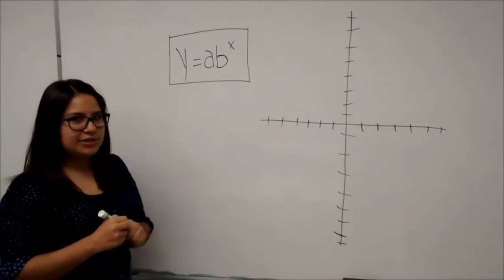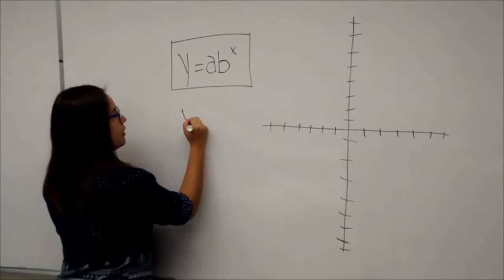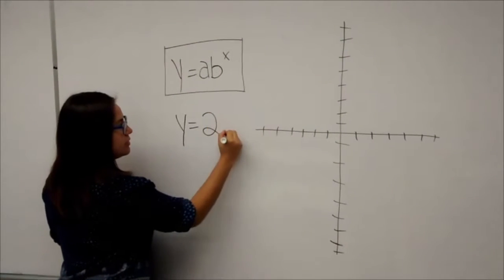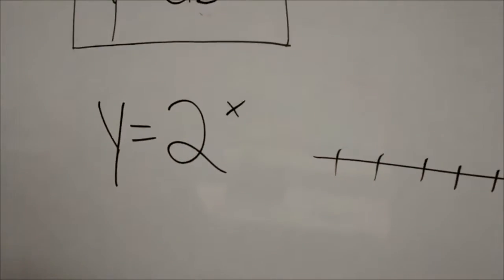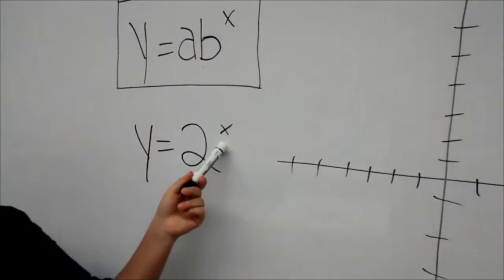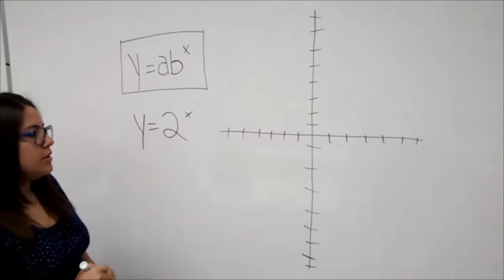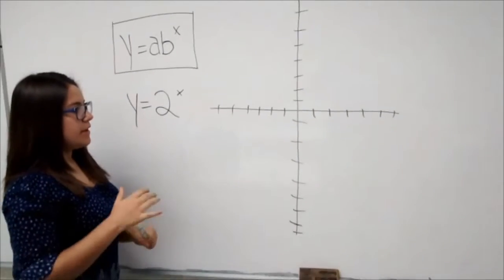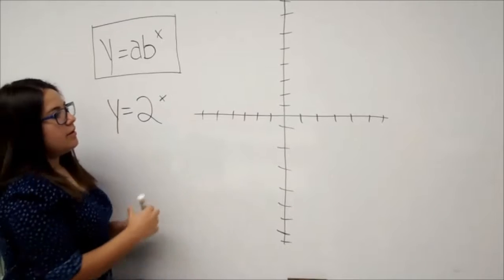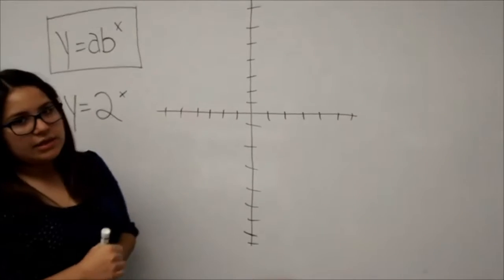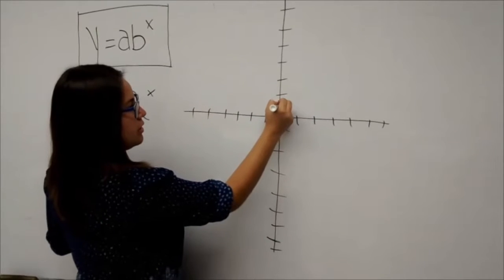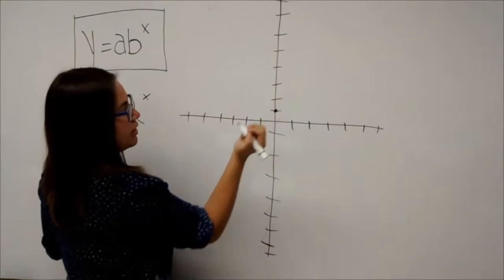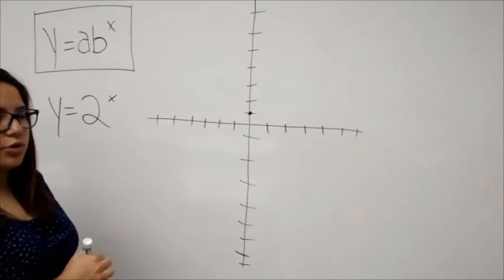An example of an exponential equation would be y equals 2 to the x power. So the only thing that we have to do is to substitute x with any value. Starting by putting x as equal to 0, it will be 1. So we just start plotting the dots in the equation.